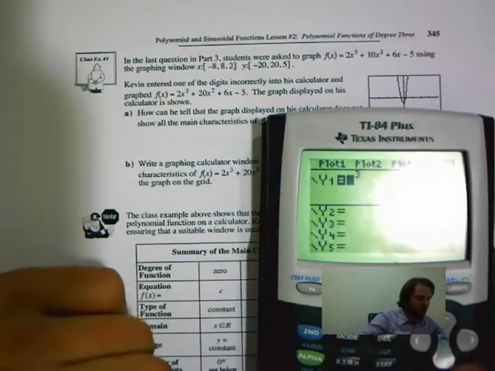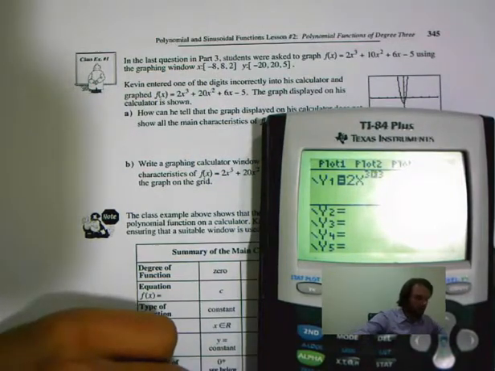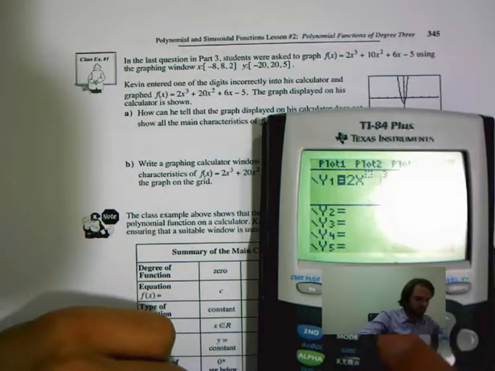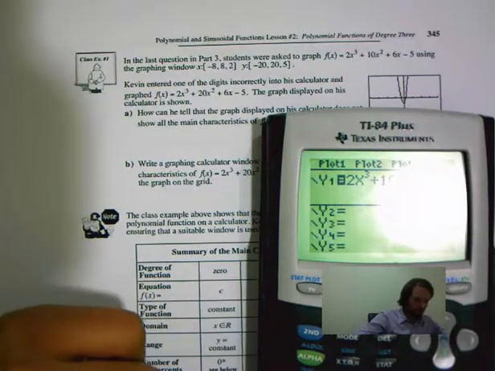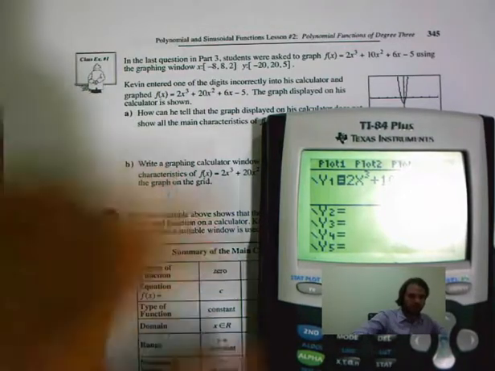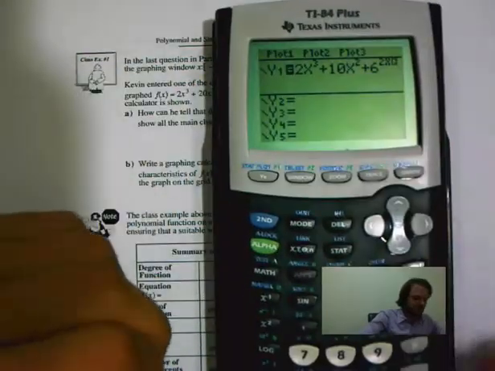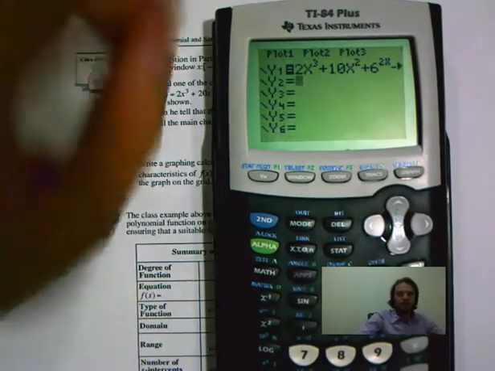Okay, and what are we graphing? 2x to the power of 3 plus 10x squared plus 6x, and then I'm going to subtract 5. I'm just going to look this up here so you can see it. Okay? Enter.